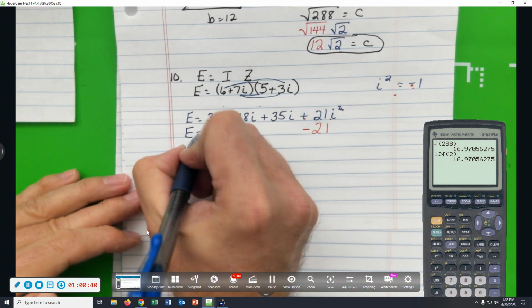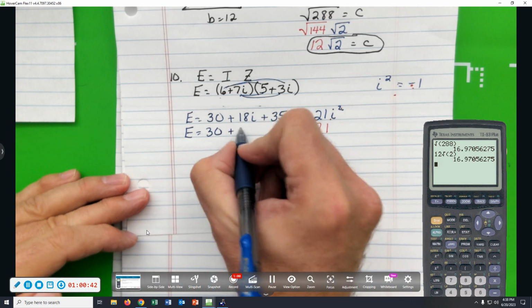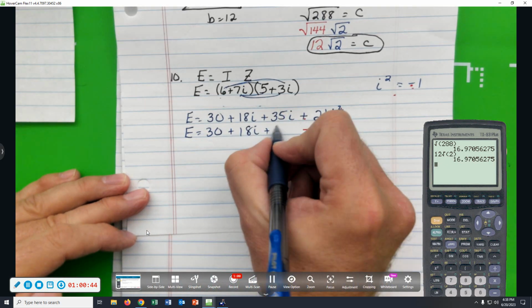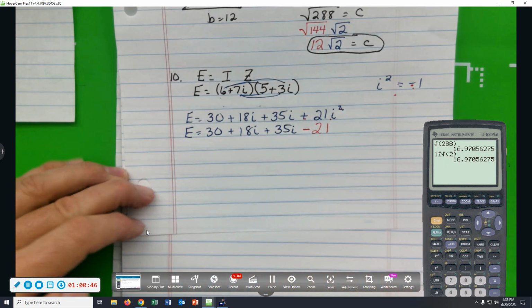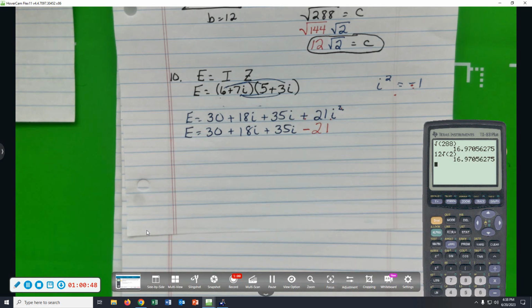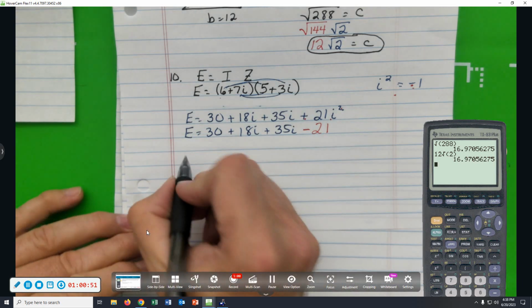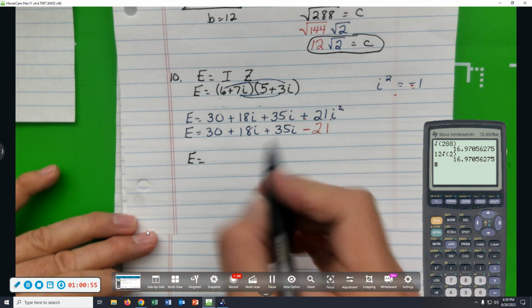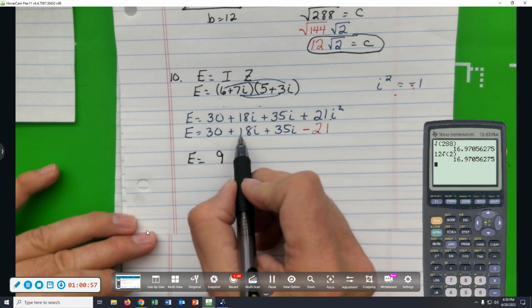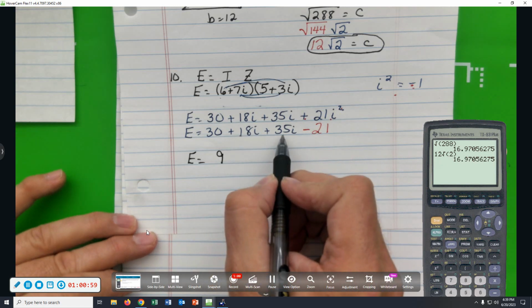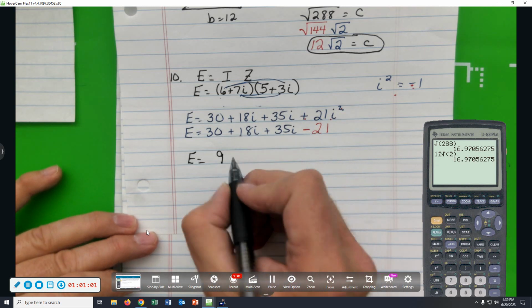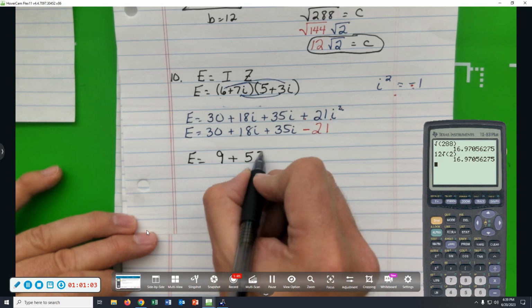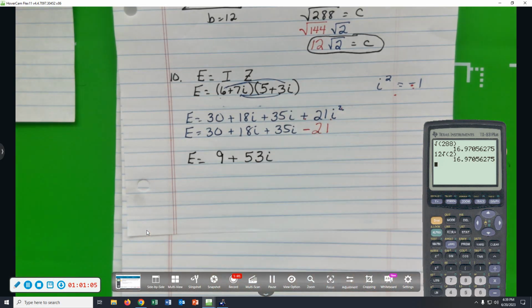So 30 plus 18i plus 35i minus 21 turns out to be 30 minus 21. Is that going to give us a 9? And then 18i plus 35i, what's that going to be? Is that a 53i?